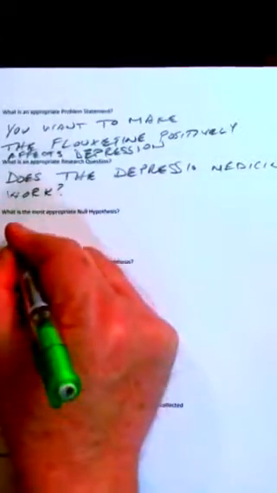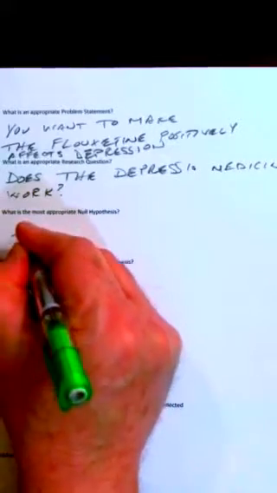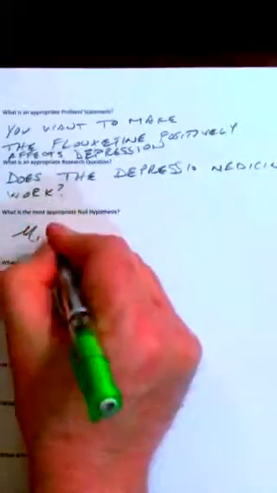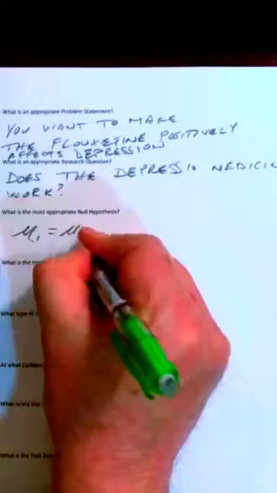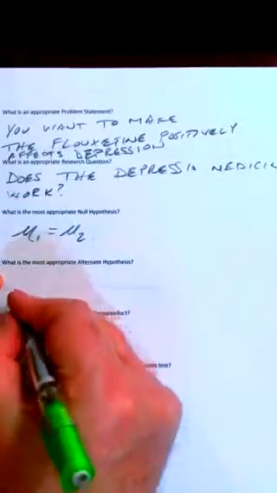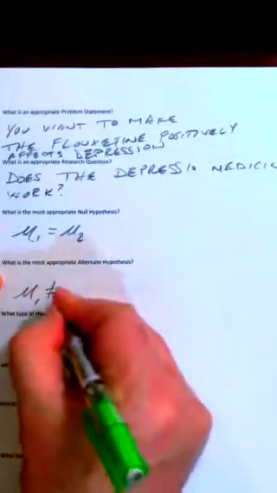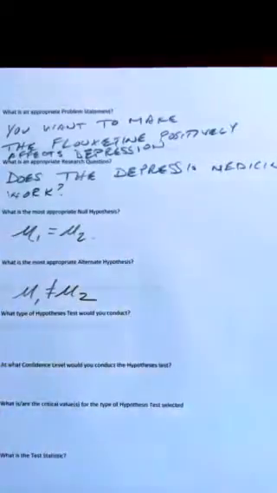So what we have here are two mu's. Mu sub 1 is equal to mu sub 2, and the alternate is mu sub 1 does not equal mu sub 2. I'm going to declare mu sub 1 as the placebo and mu sub 2 as the fluoxetine. As you can see, it looks like there's a lift, but let's make sure that indeed that's the case.